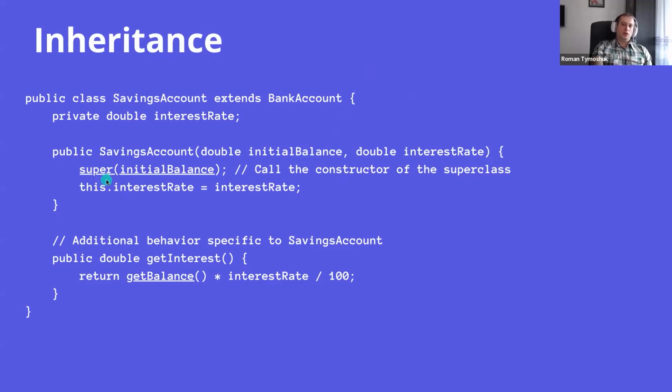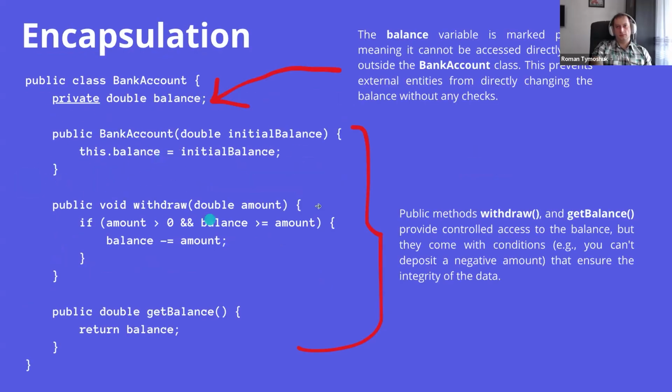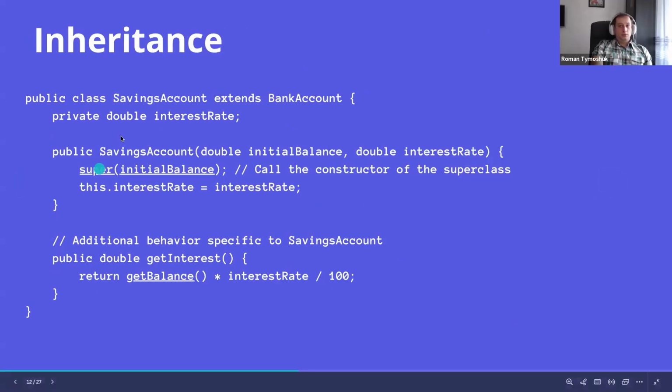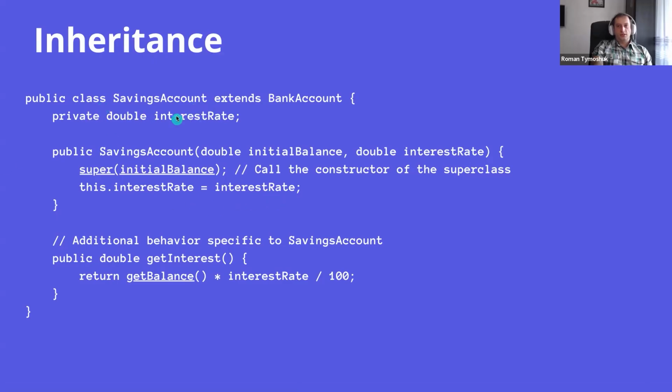We have a special keyword super, and by calling super(initialBalance), we are actually calling the constructor from the parent class. Here, this one. And of course, we need to initialize the interest rate. The interest rate is stored again as a private field, and we are adding additional behavior.